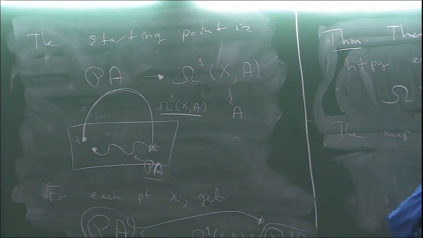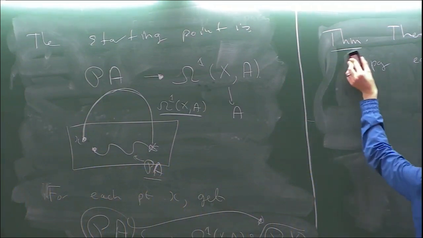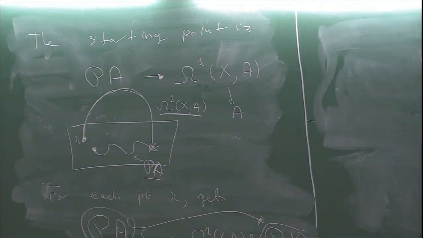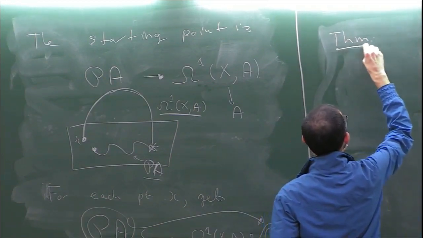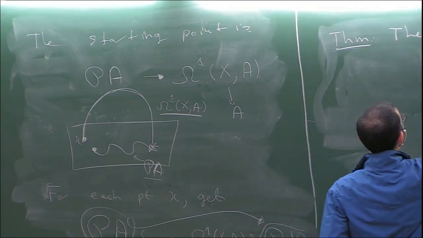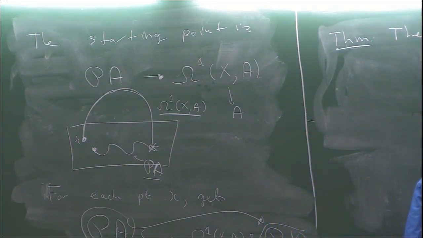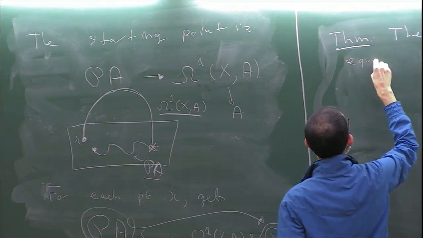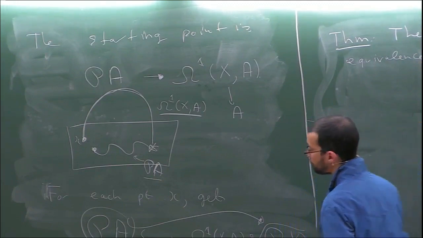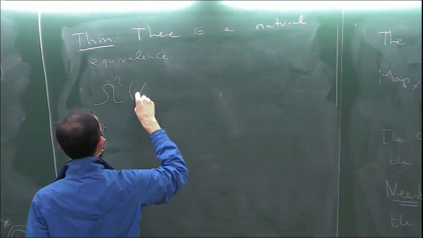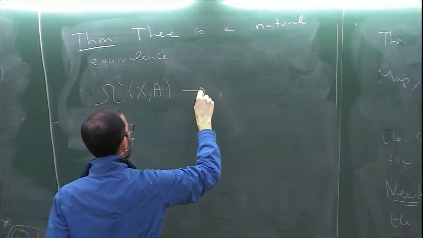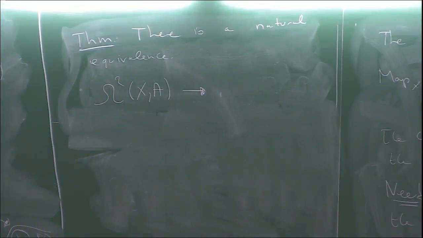So the analog of the theorem that I'm erasing is that there is a natural equivalence between the second loop space, the relative loop space, and something which I will describe as follows.